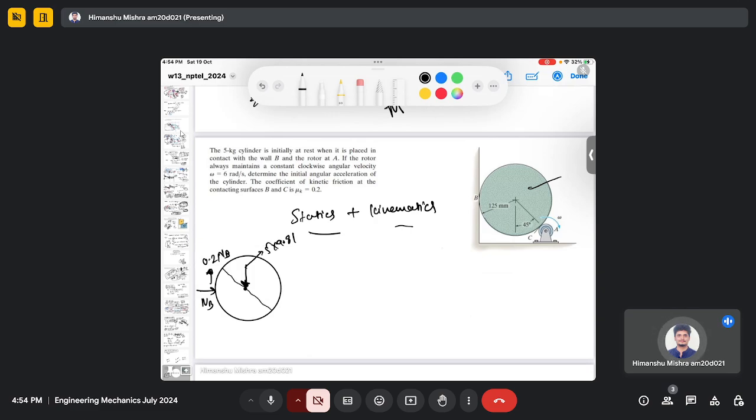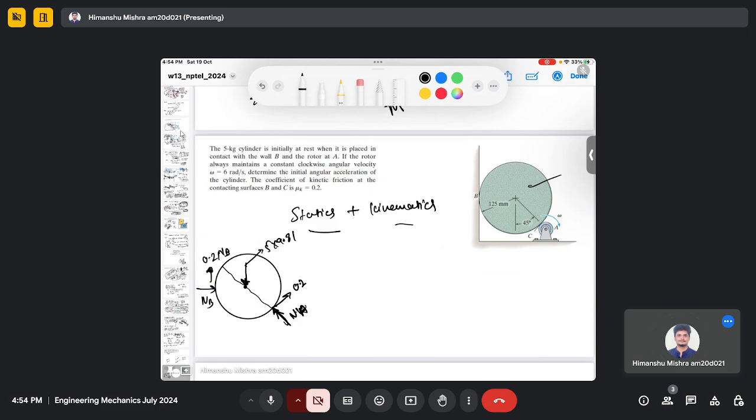Then there will be a normal reaction here which is NA and the friction force 0.2 NA. This is X, this is Y. And my moment of inertia is 1 by 2 m r squared, so it is 1 by 2 times 5 multiplied by r squared, which is 0.125 squared.